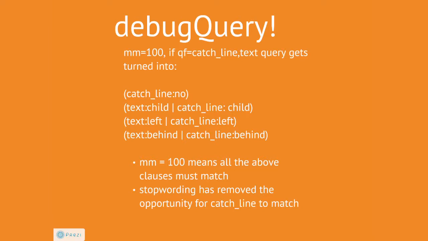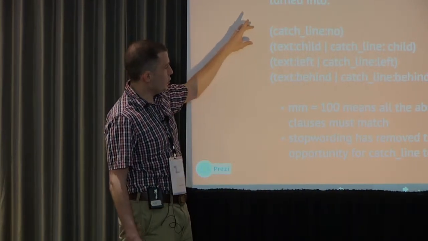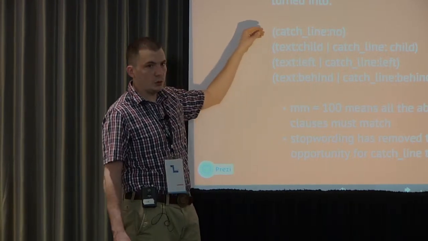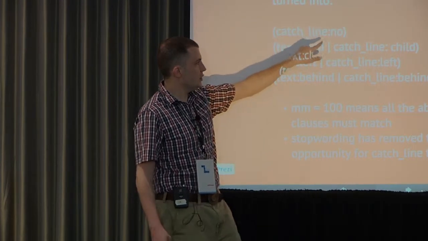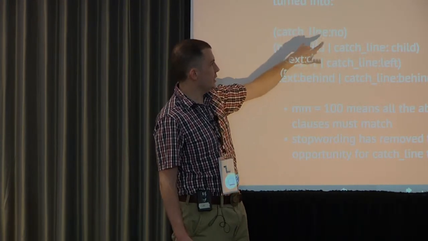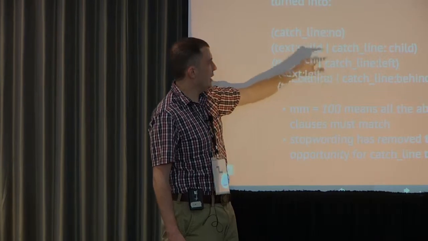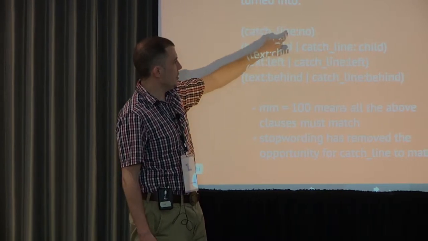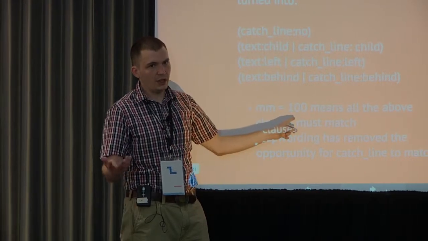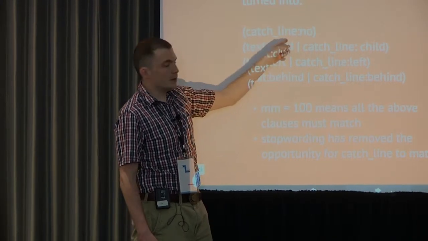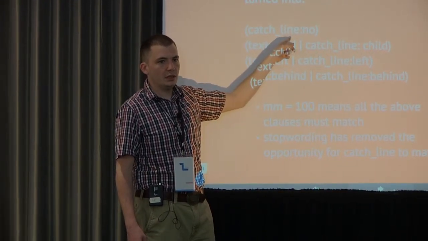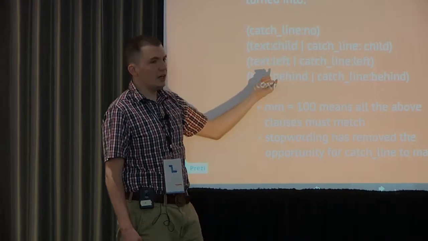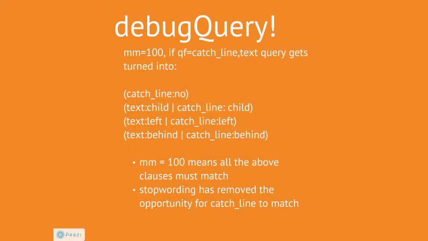What the dismax query parser does is take No Child Left Behind and create a Boolean query across each of those fields, with no in each one, child, et cetera, except for text, where no is a stop word and gets chucked out. So suddenly, with a min match of 100%, which I left in for stupid reasons, this becomes a mandatory clause. By adding something to qf, by searching more fields, I actually got fewer results, because no doesn't occur in the title of any laws, apparently, any state laws.